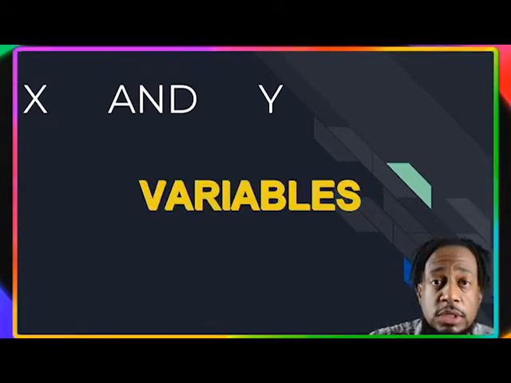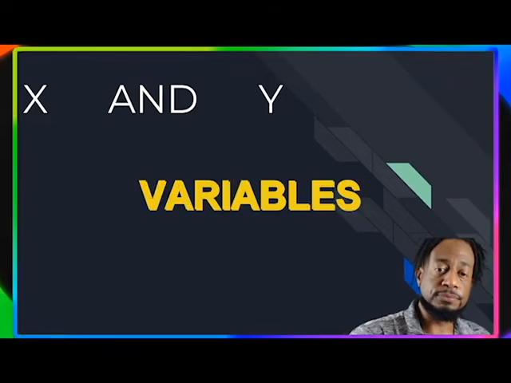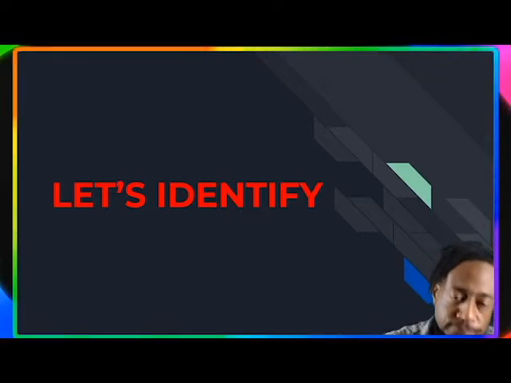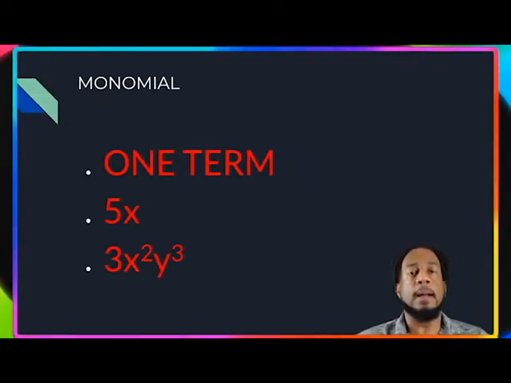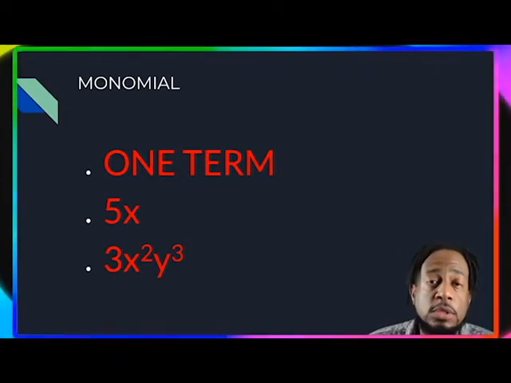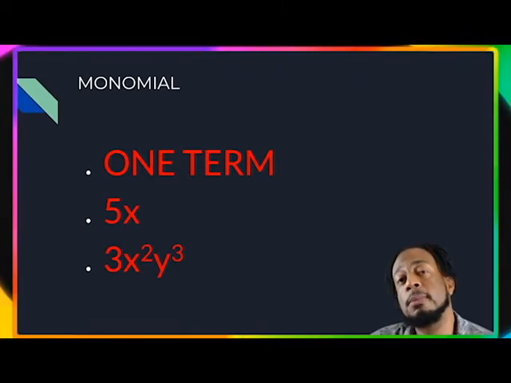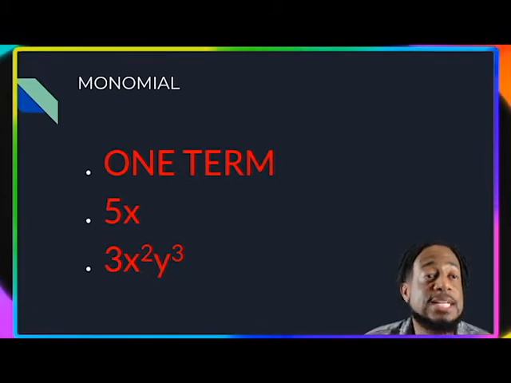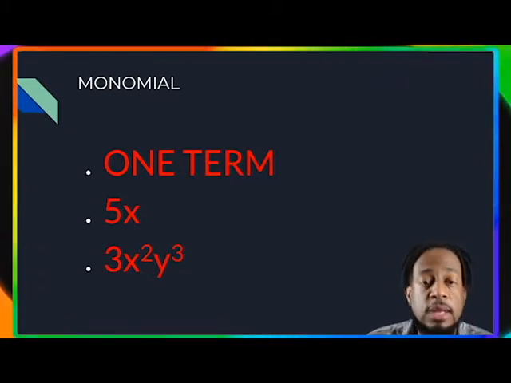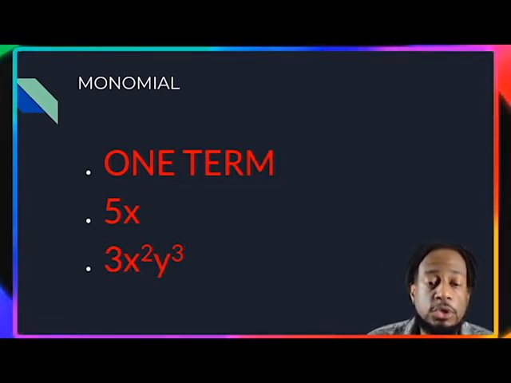How many things are in a term? So we have 3. Let's identify. Monomial. Mono means 1. So 1 term. So anytime they ask you to identify the monomial in this expression, you'll know it.